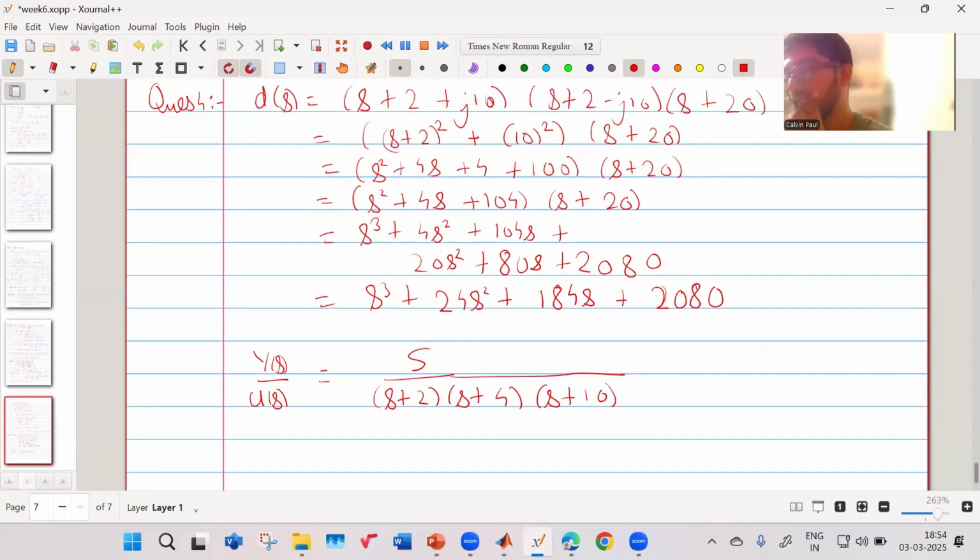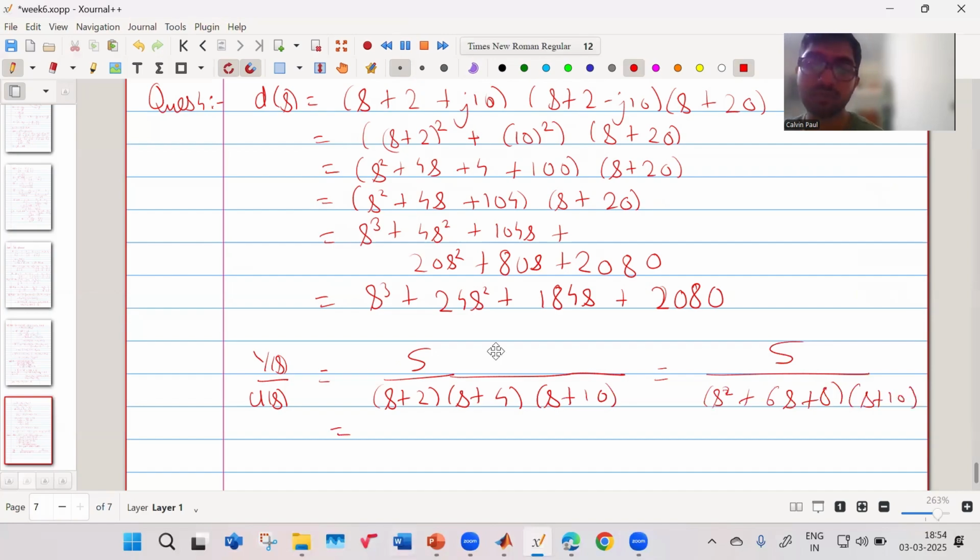Now, how do we proceed with this? Let us expand this system. So this is s square plus 6s plus 8 into s plus 10.